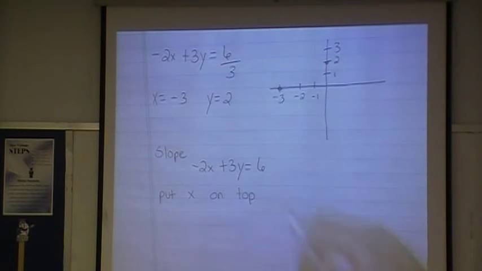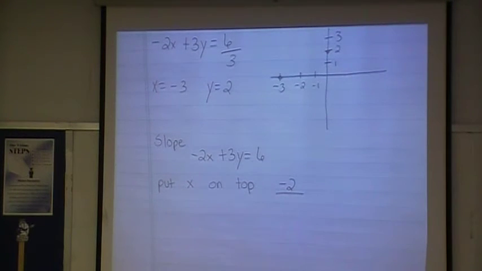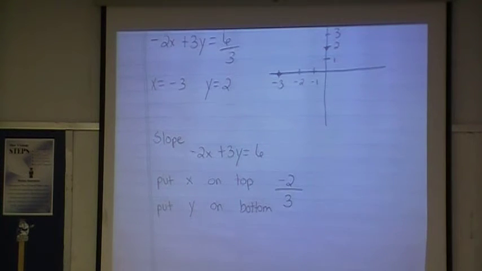Find the slope. Put the x on top, okay? What number is in front of your x? -2, that goes on top. Put the y on the bottom. Well, what number is in front of your y? 3. You put the x on top, you put the y on the bottom.